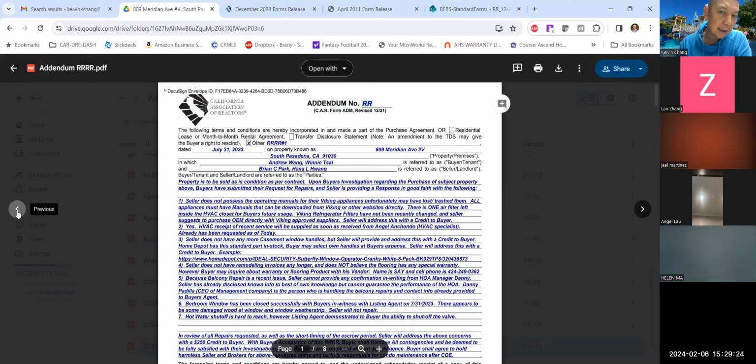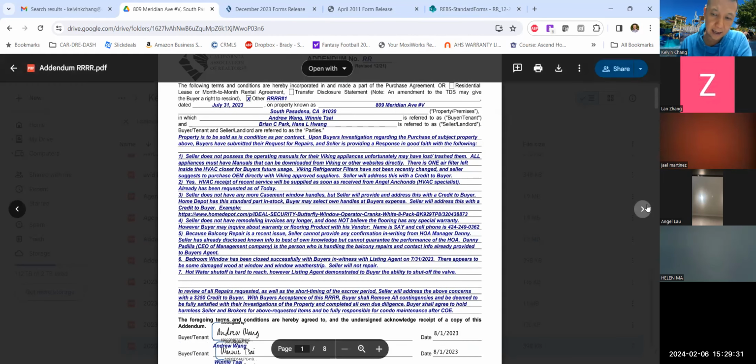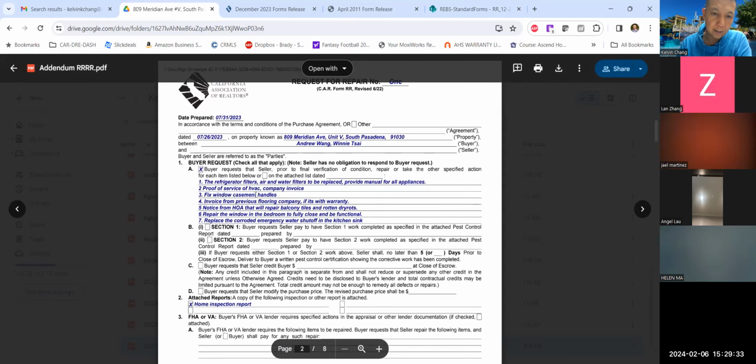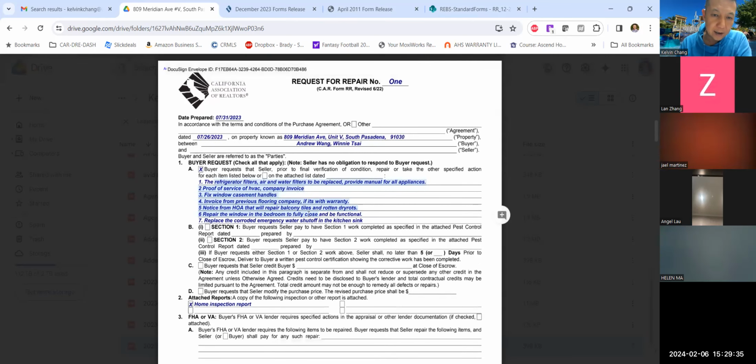Sometimes the lender does not want to see a list of repairs needed at the property. When the lender sees all these issues, window cannot fully close, the corroded emergency water shut off in the kitchen sink, this could scare a lender underwriter.